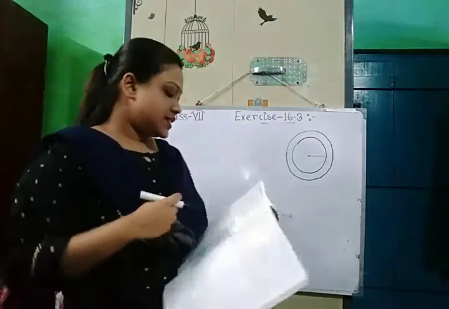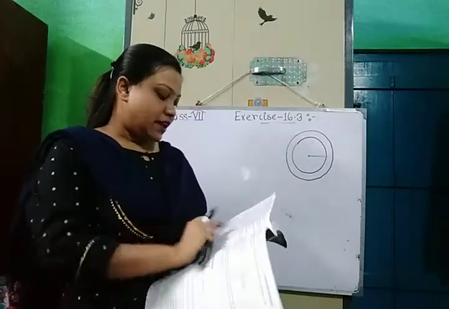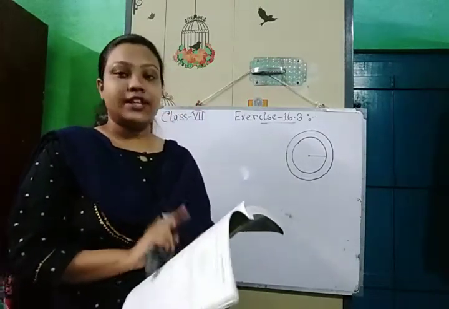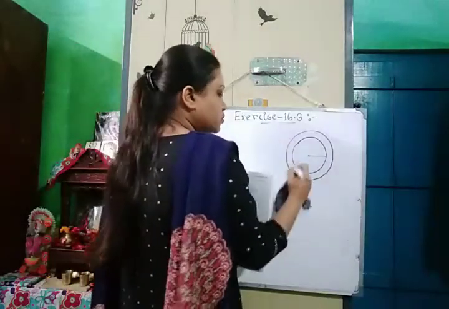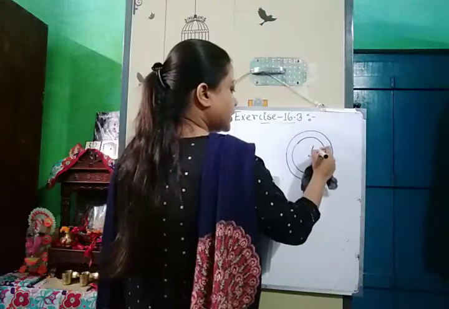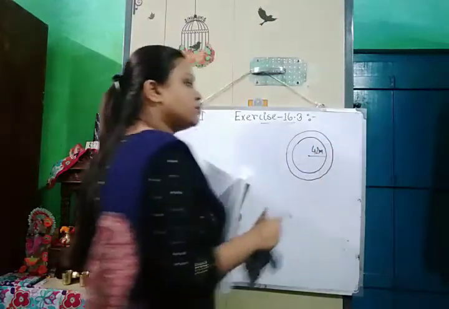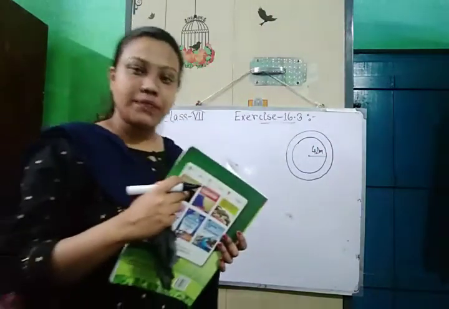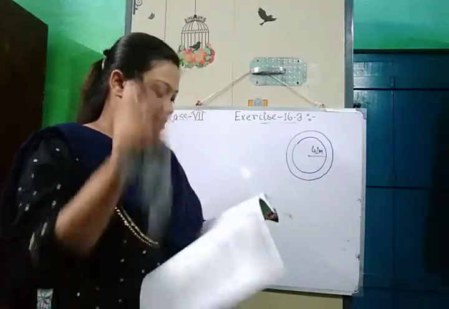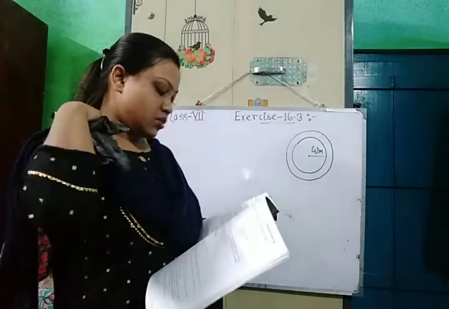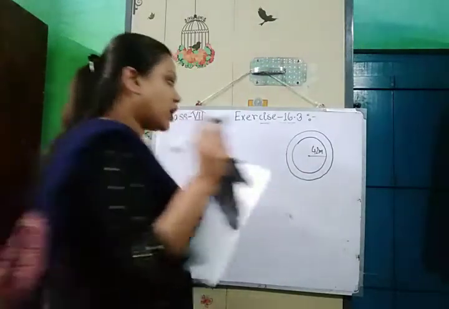So you can see this is the figure that the diameter of the circular park is given 84 meter. So the radius will be 84 divided by 2. That is 42 meter. 42 meter is the radius of the circular park. Now it is given that there is a road of 3.5 meter wide.